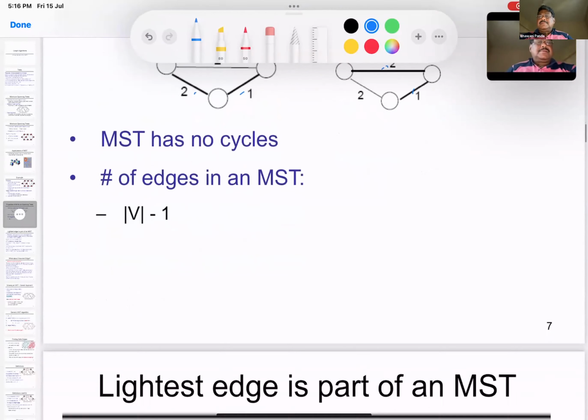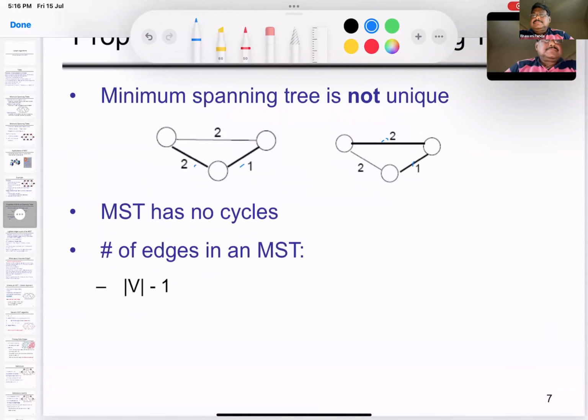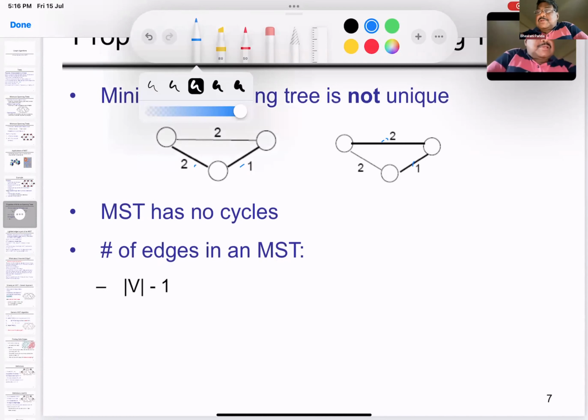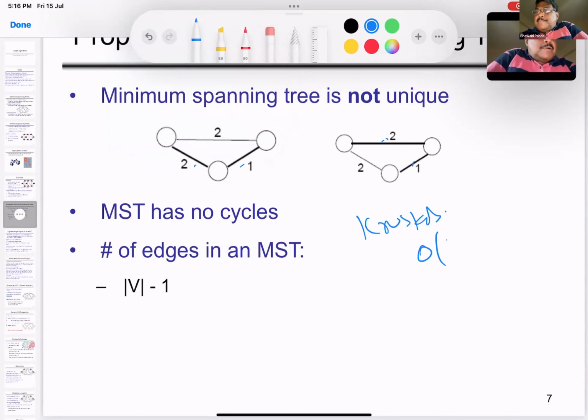Sir, Prim's or Kruskal, can both algorithms be applicable for dense networks also? Okay, so for the complexity we have used a crude estimate, but we have not used the data structure. So basically, for Kruskal's algorithm, the sorting will be of order M log N, because M edges are to be sorted.